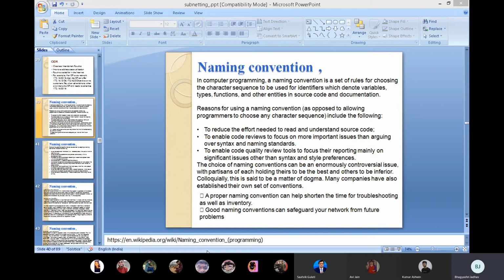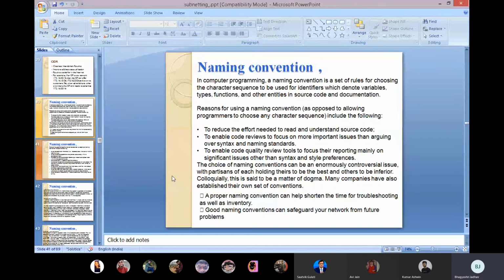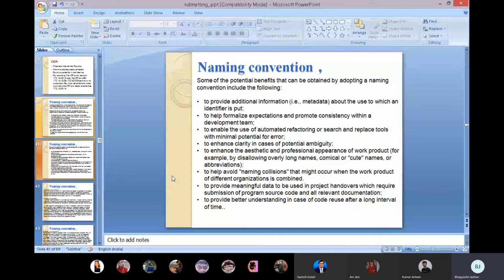Now, some of the potential benefits that can be obtained by adopting a naming convention include the following. The first one is to provide additional information. Suppose we are saving files in our system, then we give proper names to the folder and the particular file.